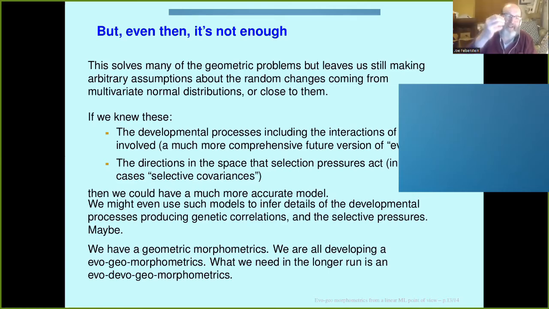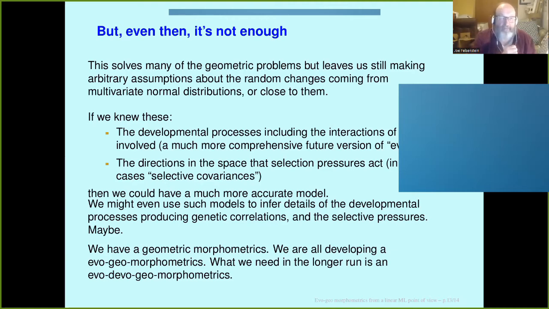It's not even the Evo geomorphometrics, which is basically what a lot of people will be talking about at this very interesting workshop. But in the long run, what we need to do is somehow integrate that with a knowledge of the development, the Evo-Devo, the developmental biology underlying these forms.